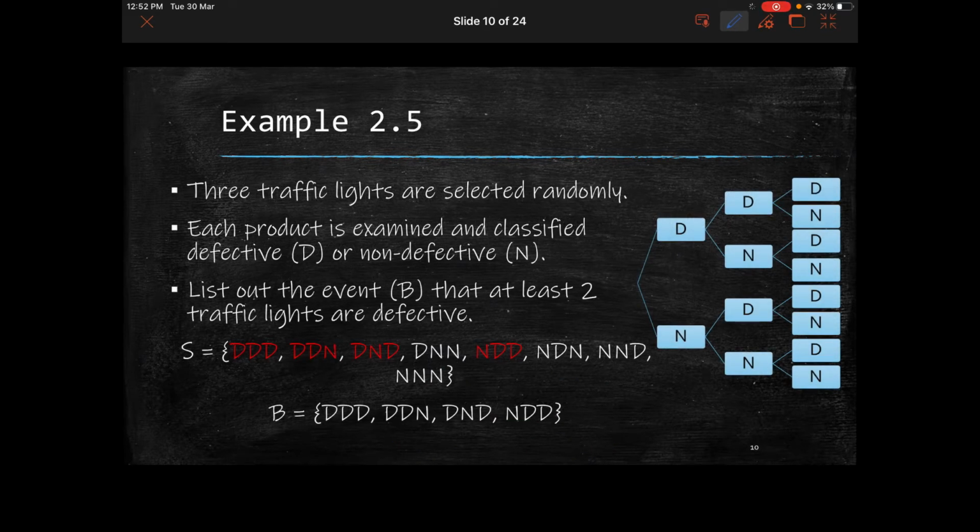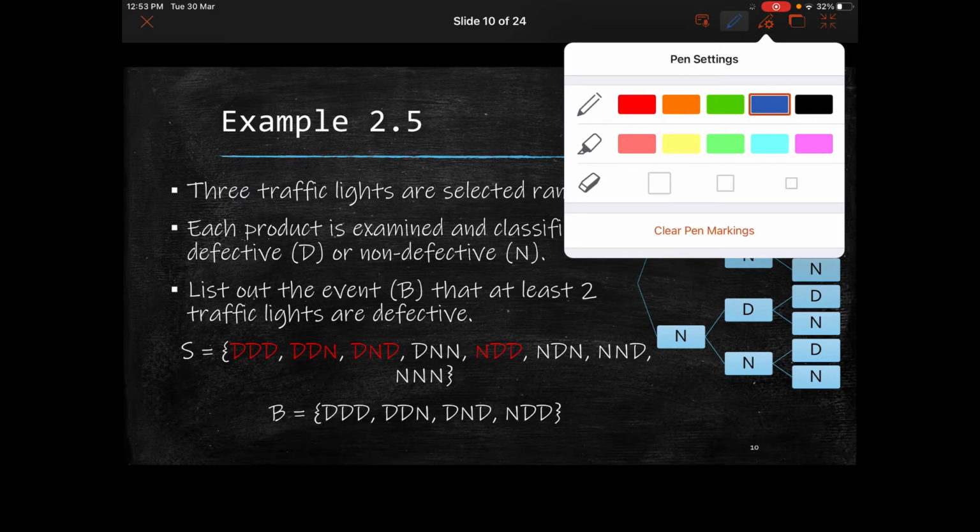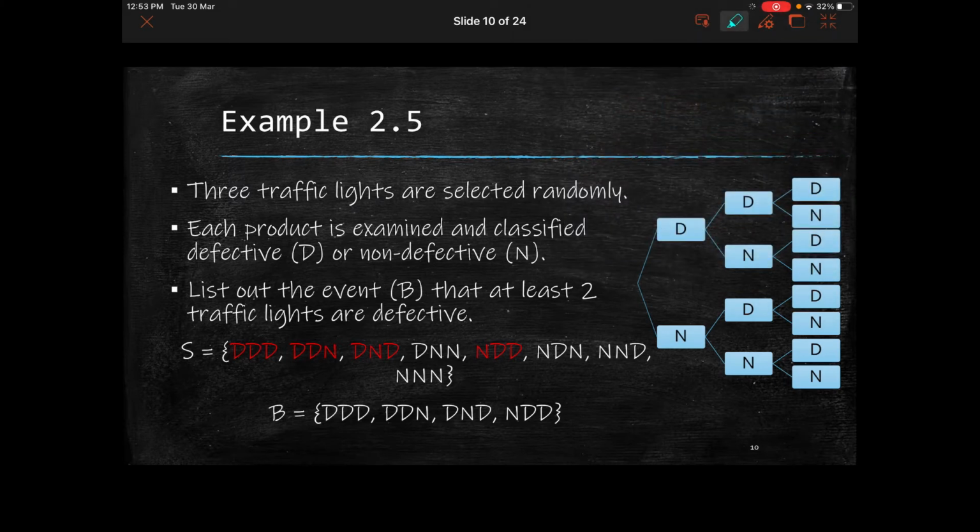Next, we have a case of 3 traffic lights selected randomly again. Each product is examined and classified defective D or non-defective N. List out the event B that at least 2 traffic lights are defective. So we look for an event that at least 2 traffic lights are defective. We have 1, 2, 3, 4.